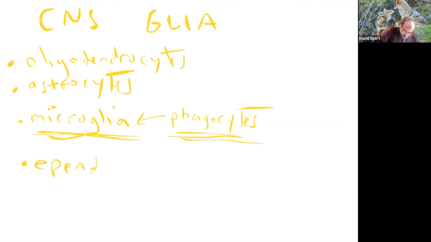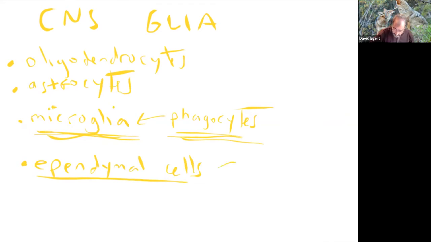Ependymal cells. If you've taken anatomy, then you know that the brain has hollow spaces in it filled with fluid, right? The ventricles and the aqueducts and things like that. We're going to be talking about those in way more detail. But all of the hollow spaces in the CNS, your spinal cord has a tunnel going right down the middle of it filled with fluid, the cerebrospinal fluid.